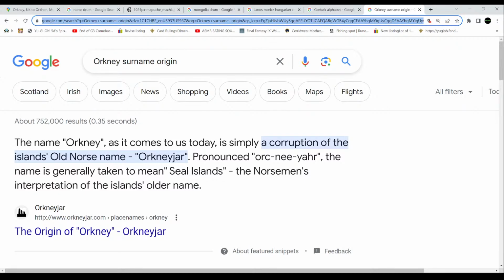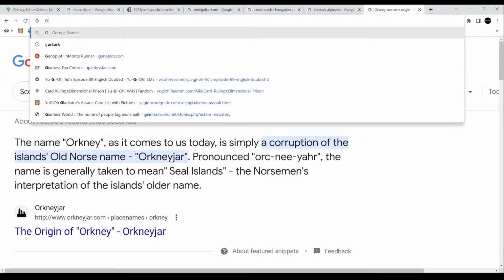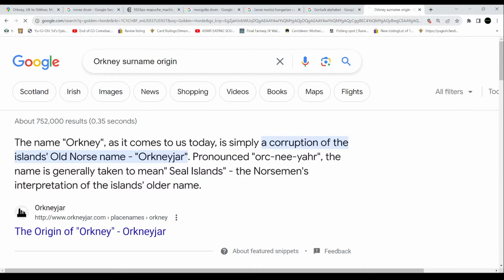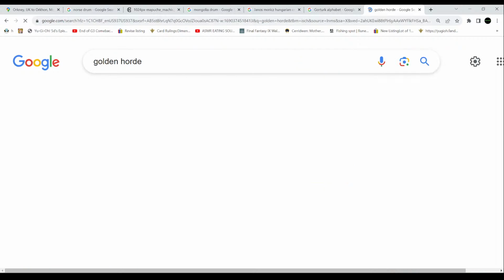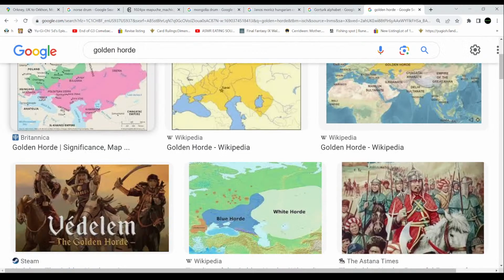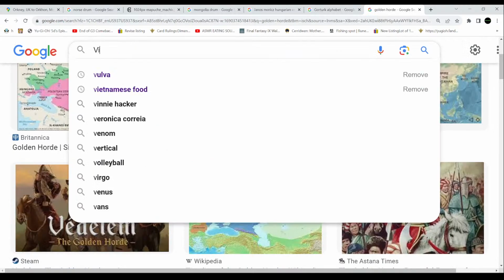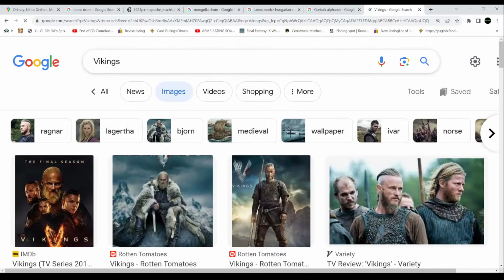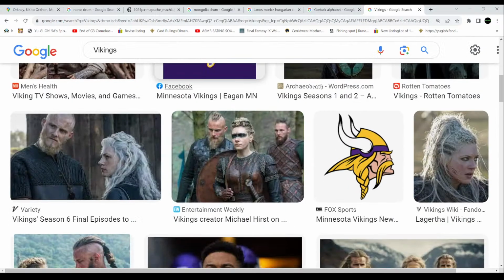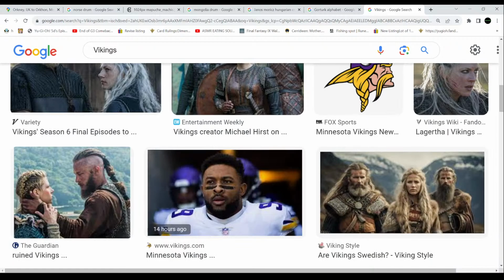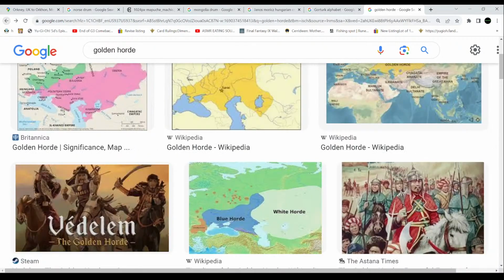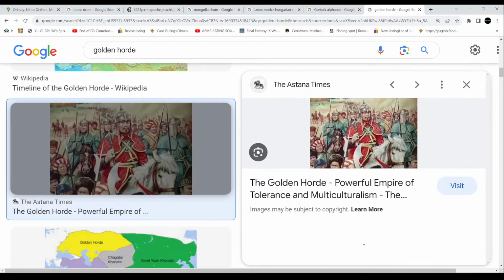And then also when you think about Vikings and the Golden Horde, you almost get a similar kind of energy in some ways, in the sense that both groups were known for their voracity, if you want to say it like that.